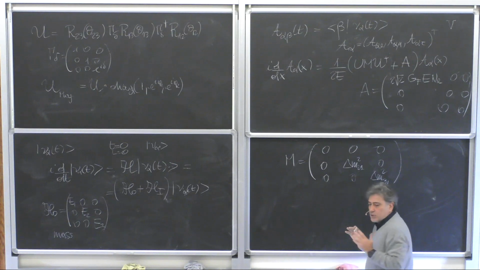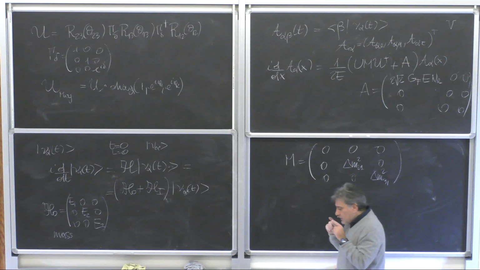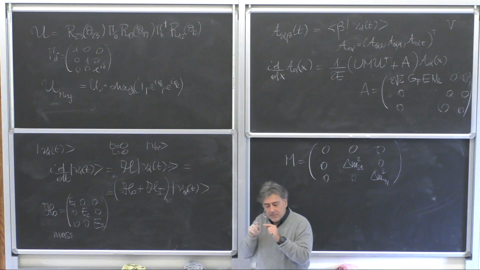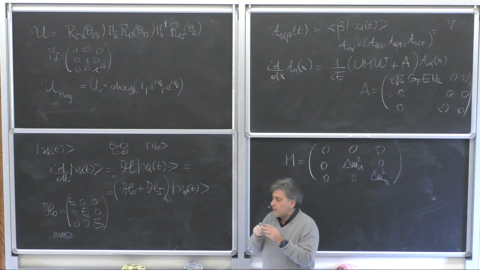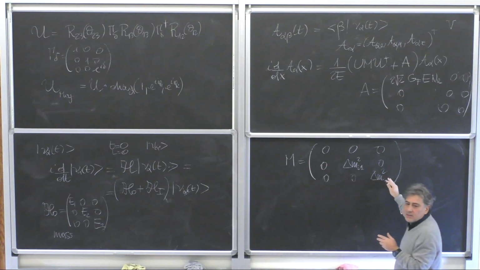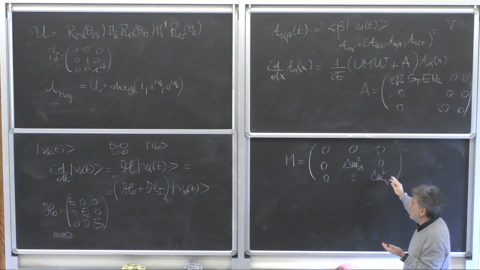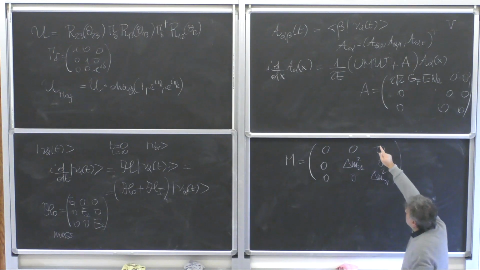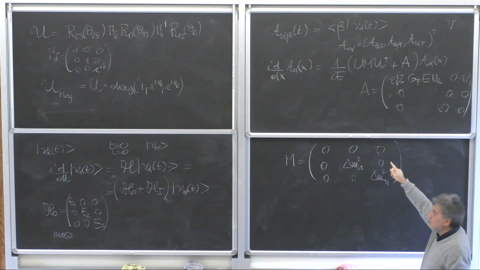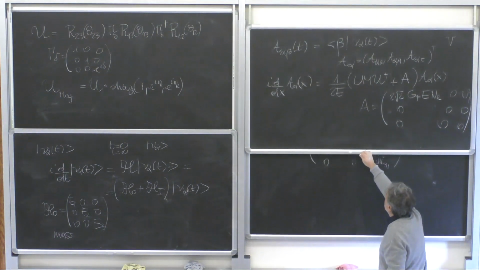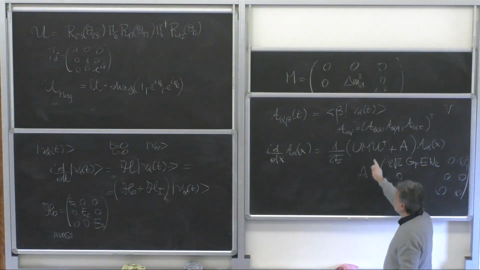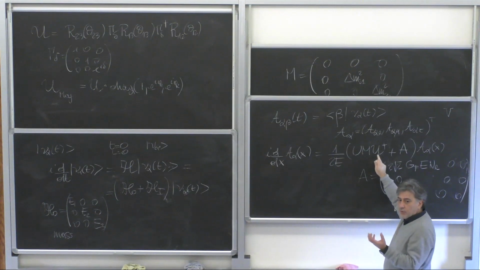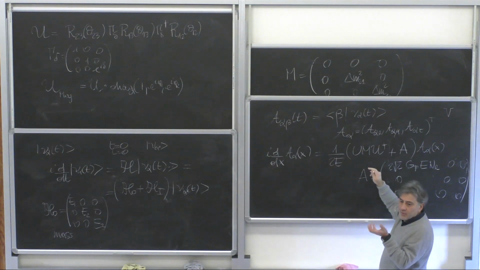If we consider the mass eigenstate propagation, the Hamiltonian is diagonal. But we are looking at flavor eigenstate propagation, so there is a rotation to go from mass to flavor.